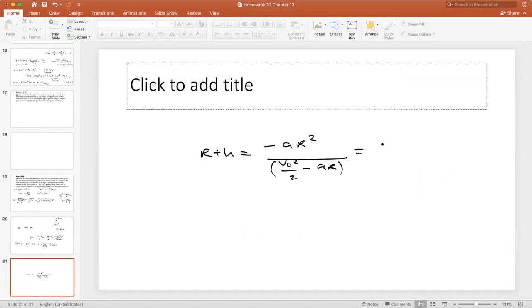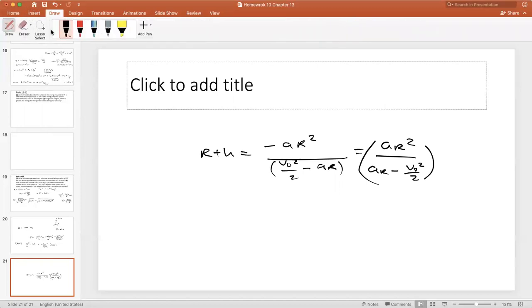So I get AR squared over AR minus V naught squared over 2. Okay, if I then move this R to the opposite side, I can get a minus R. And this is my H.